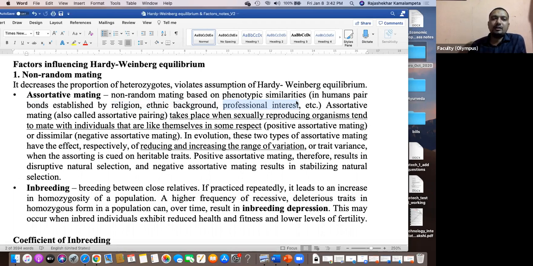Such mating is called assortative mating. This takes place when sexually reproducing organisms tend to mate with individuals that are like them in some respect. When selection is happening, you refer to it as assortative mating, or assortative pairing or bonding.